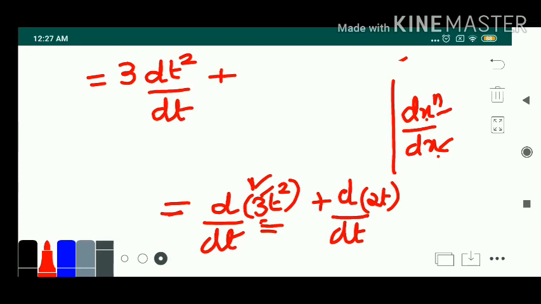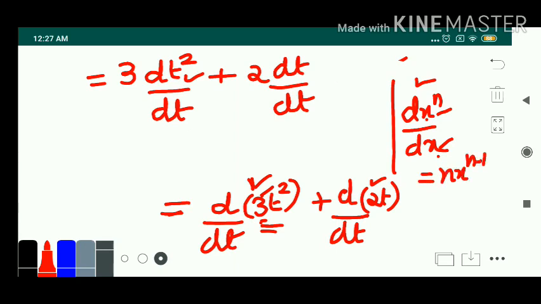Similarly, 2 is a constant value, so 2 is brought out, so it will be d by dt, right? So what is this expression? It is same as this one. What was d by dx of x raised to n? It was n into x raised to n minus 1, right? So what is n in this problem? n is 2. So in place of n, I am going to write 2.